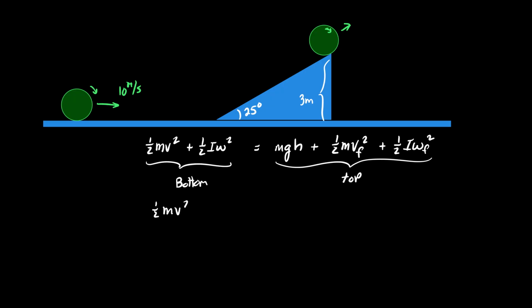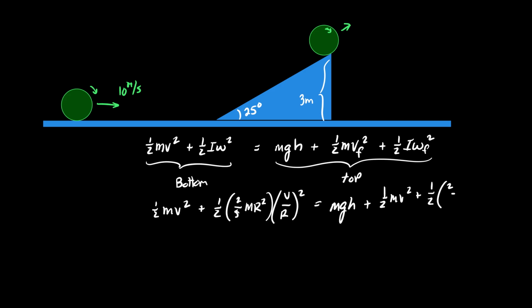1/2 mv squared plus 1/2 times 2/5 m r squared times (v over r) squared. This is going to get rid of the r's and put everything in terms of v. I'll do the same thing on the other side: 1/2 m v squared plus 1/2 times 2/5 m r squared times (v over r) squared.